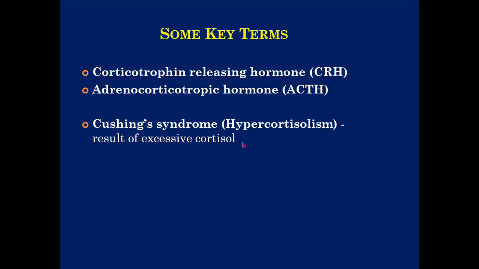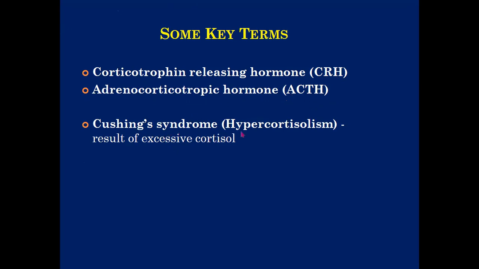There are some key terms which you must keep in mind. Corticotrophin releasing hormone, abbreviated as CRH. Then adrenocorticotropic hormone, ACTH, which is the main component, and we have to diagnose its production, whether it is from the gland or from outside, ectopic.